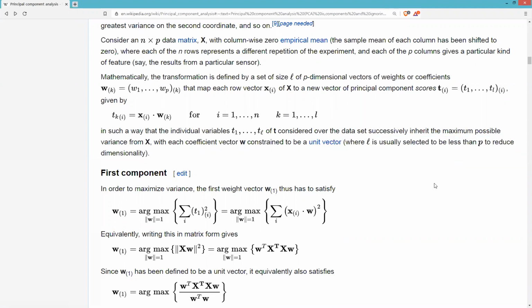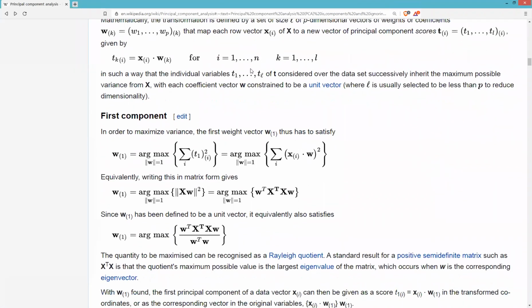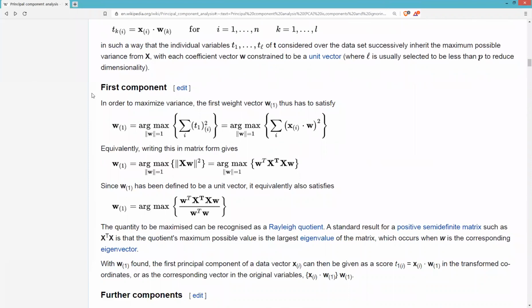Mathematically it becomes more straightforward. So how do we get the first component? In order to maximize the variance, the first weight W1 has to satisfy this.